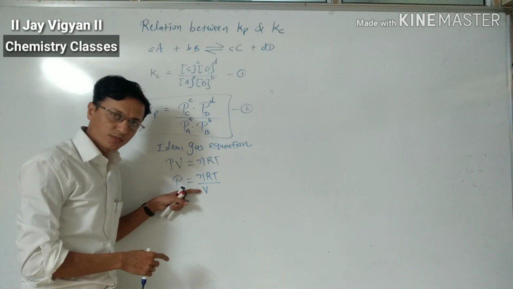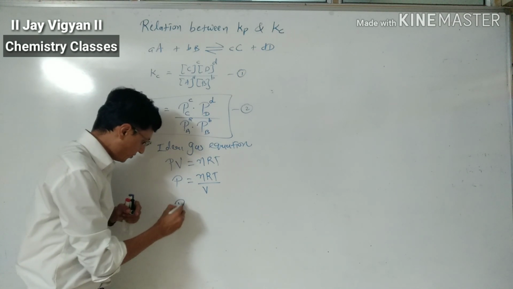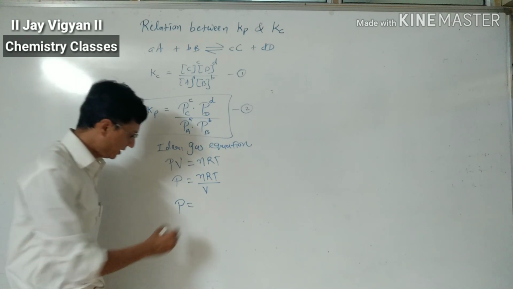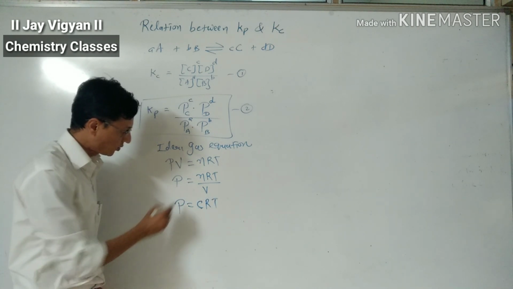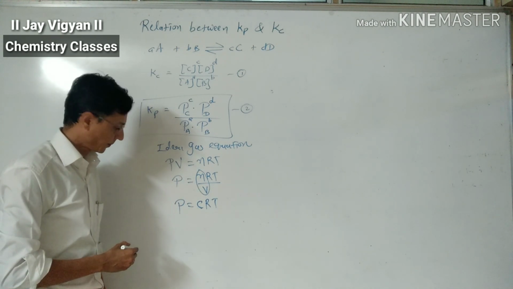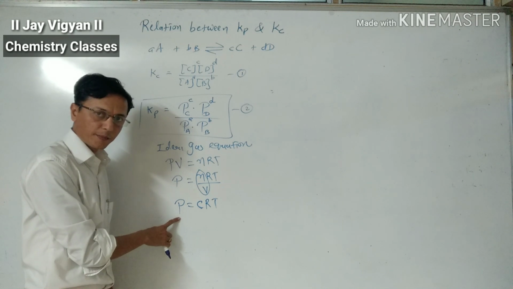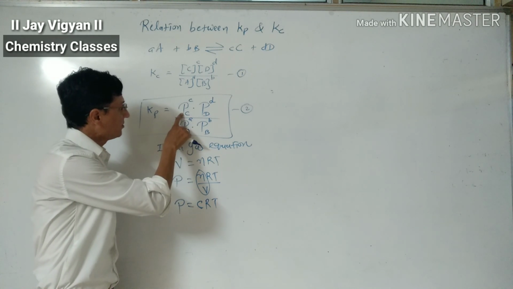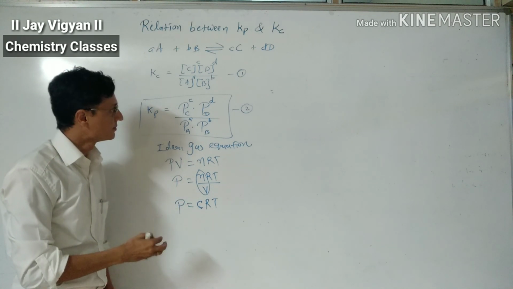Mole per volume indicates the concentration. That means we can write this equation as P is equal to CRT, where C stands for concentration, which is mole per volume. So now we can write CRT instead of P. In the Kp equation, all the P will be replaced by CRT.